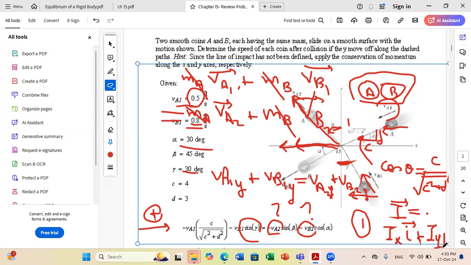So the direction of this vector is the direction of the impact line.